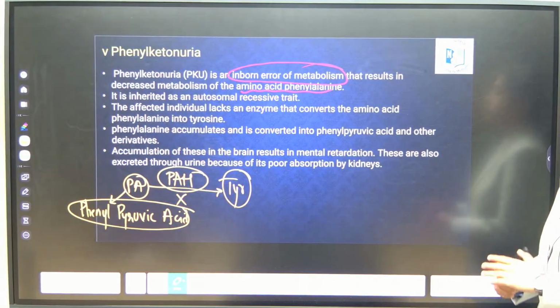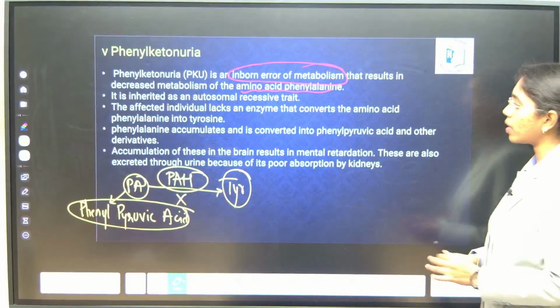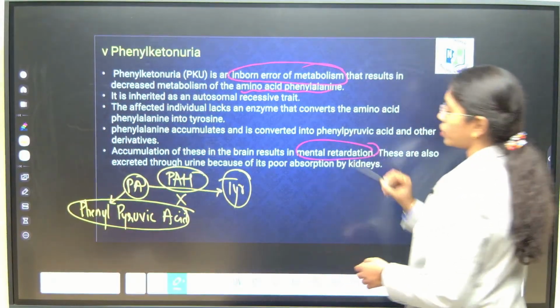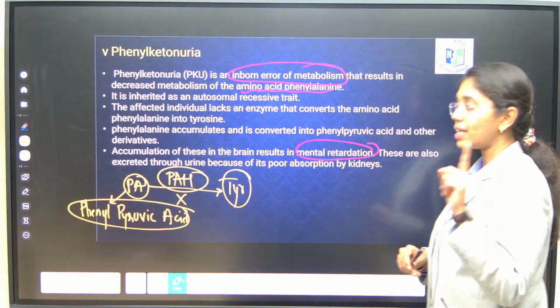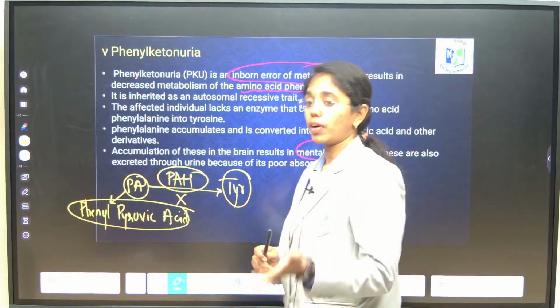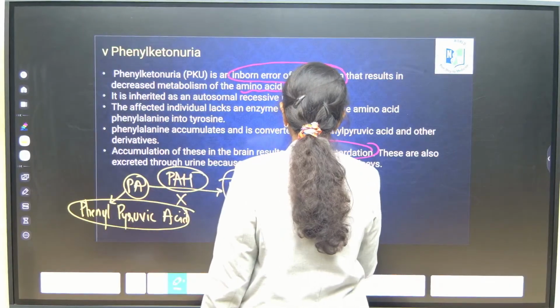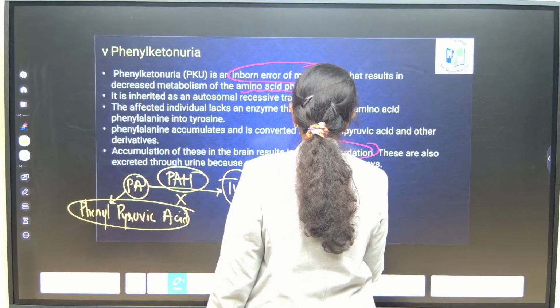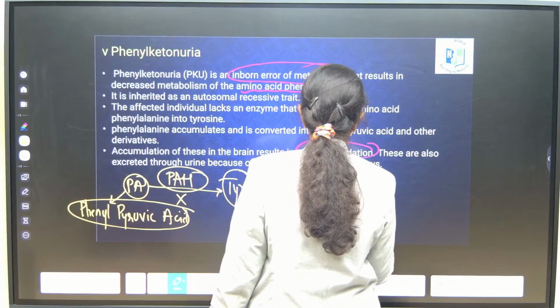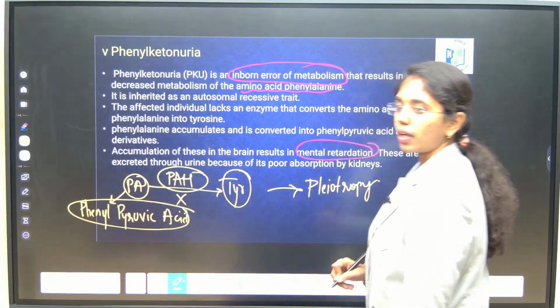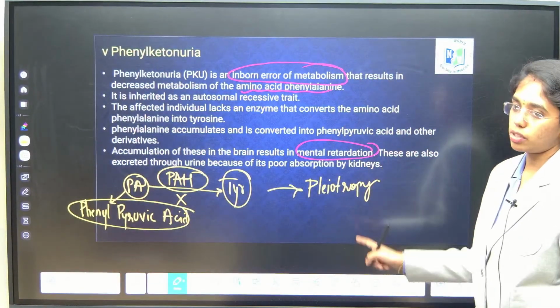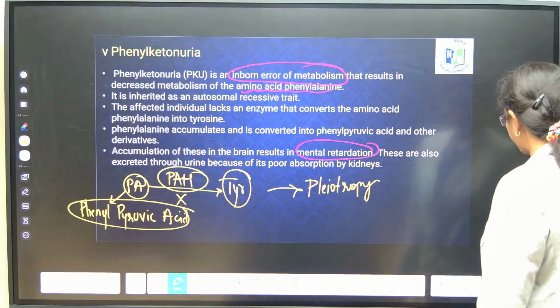Accumulation of this in the brain will result in mental retardation as well. As one enzyme affects multiple functions, we will learn this as an example of pleiotropy. Clear? Autosomal recessive disorder, and it is also an example of pleiotropy.